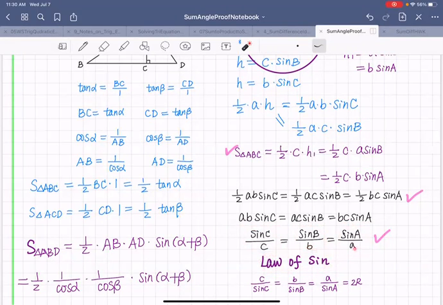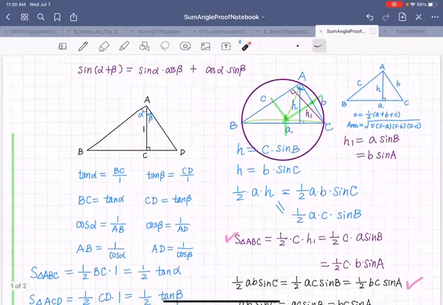If you flip them upside down, lowercase c over sine C, lowercase b over sine B, lowercase a over sine A, that is the circle's diameter. You might have learned this in geometry before.